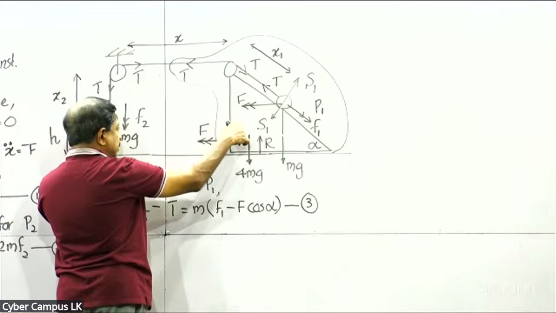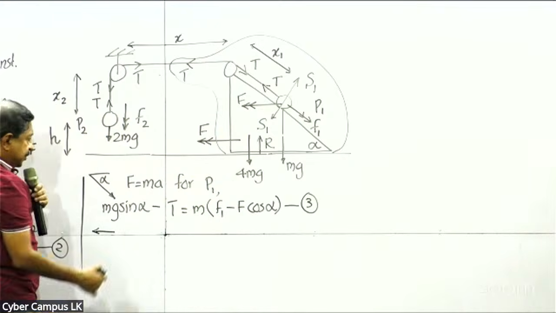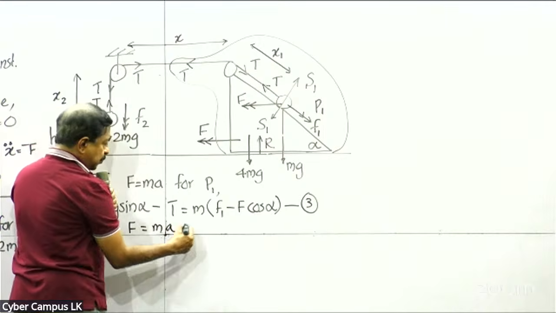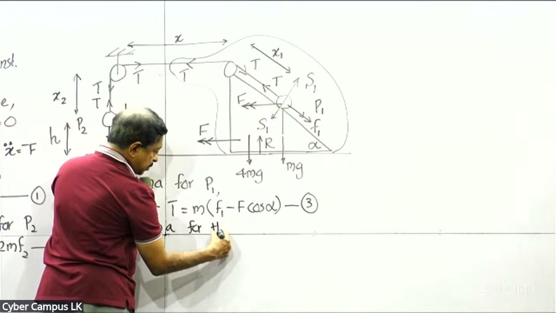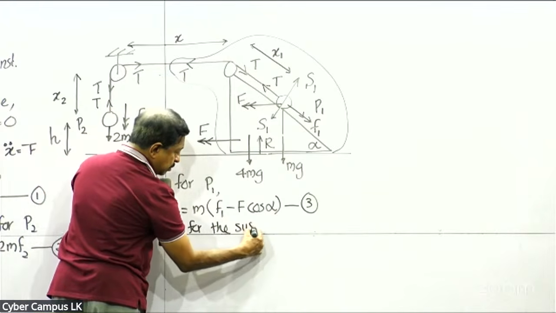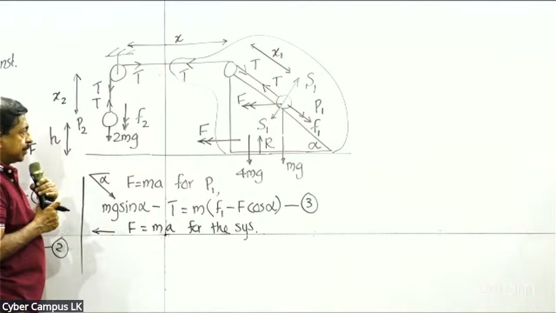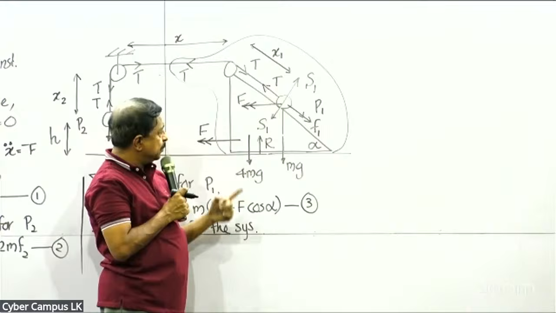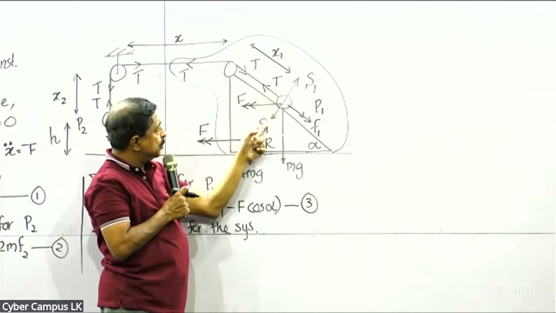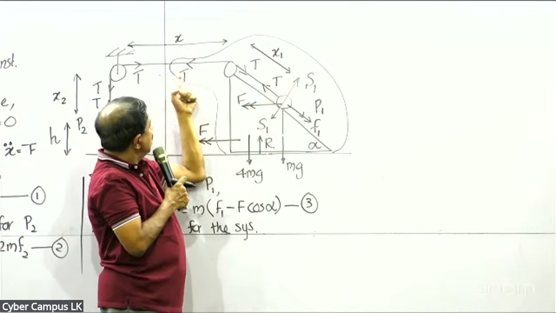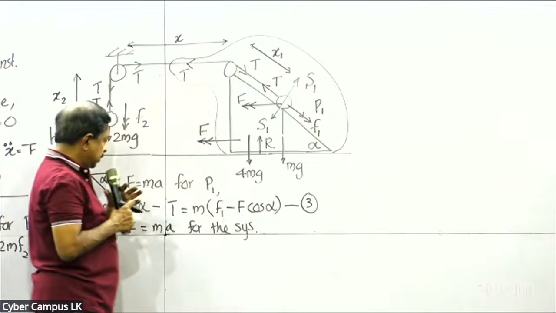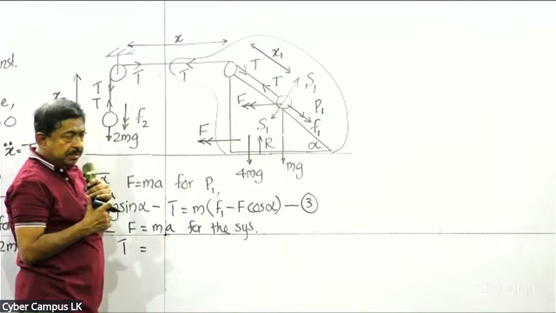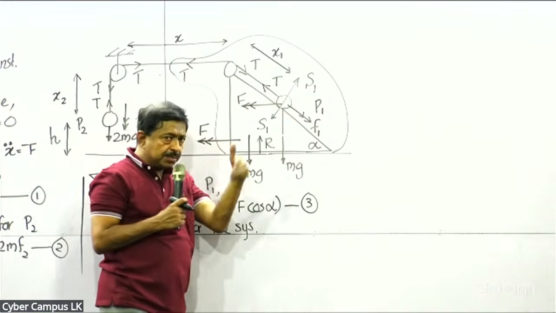Basically, the main object here is the wedge. So apply F equals ma for the system. Now, what are the forces? These will not be involved. S will not be involved, and because S1 will be an internal reaction, the only force is this T. T is equal to sigma ma, which means for each piece you write m times a.